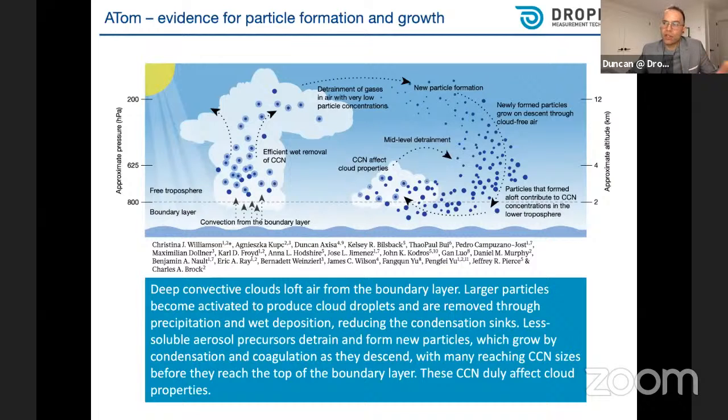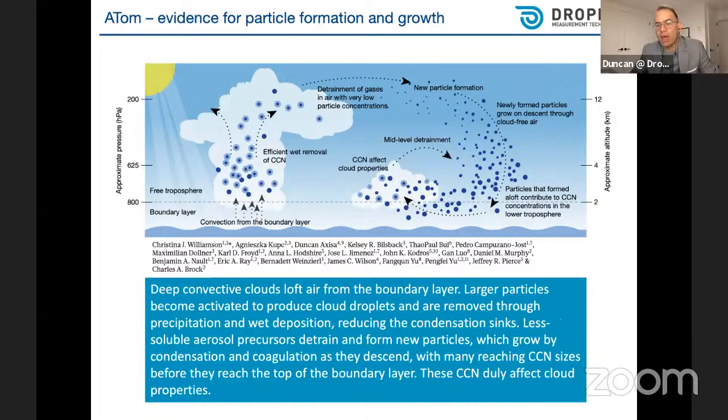And the first image that I showed you in the beginning was this modeling study from Leeds, where 60% of those CCN at 0.2% supersaturation appear to come from upper tropospheric nucleation. But the process by which these occur is somewhat mysterious.